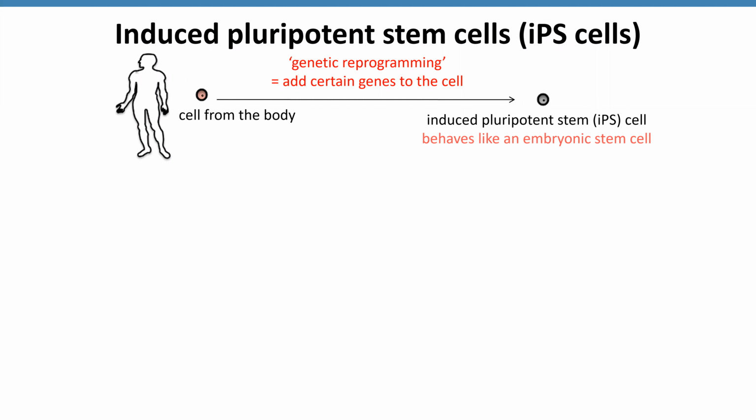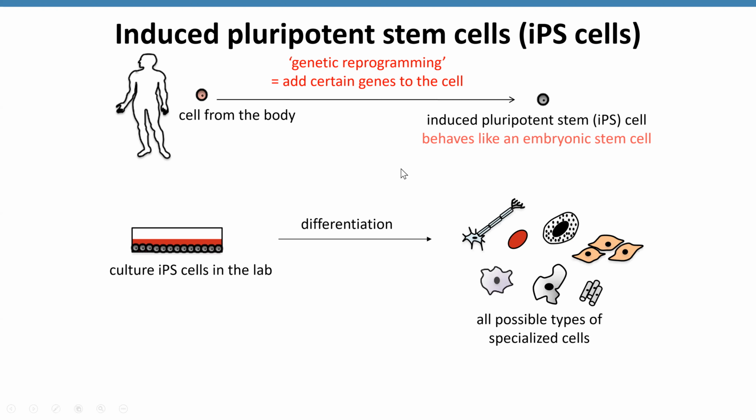That means we add certain genes to the cell. And when we add these genes, we produce induced pluripotent stem cells, or iPS cells. They behave like an embryonic stem cell. Then we will culture iPS cells in the lab, and they will differentiate into all possible types of specialized cells.